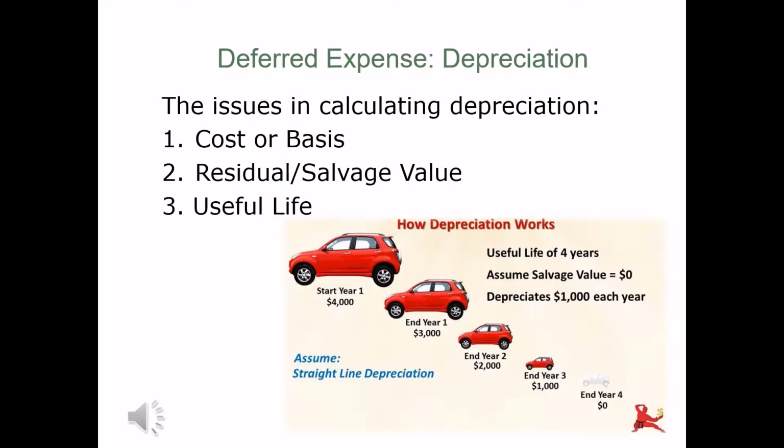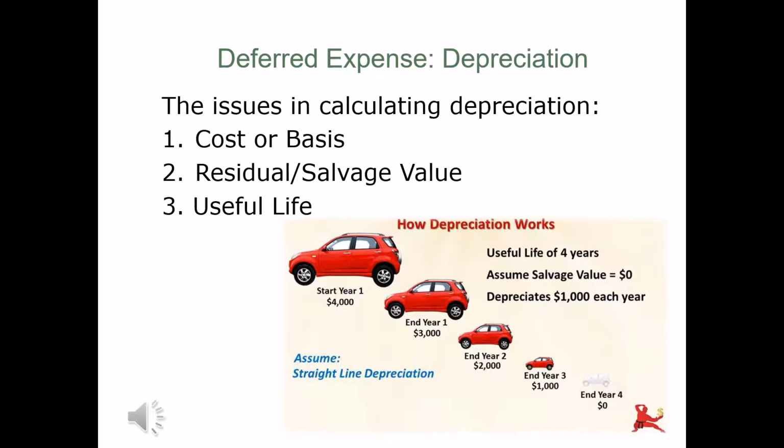A very common deferred expense is depreciation. The reason we use depreciation is because when we buy assets, we post those assets at their original value, at their cost, historical cost, but they don't stay valued at that amount. More often than not, those assets will decrease in value.